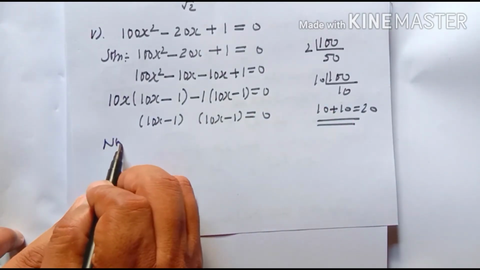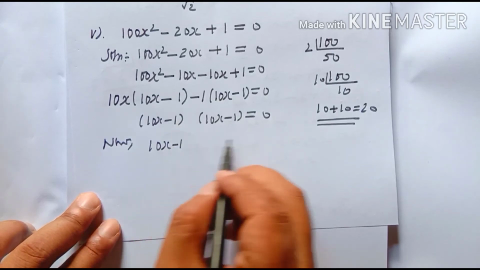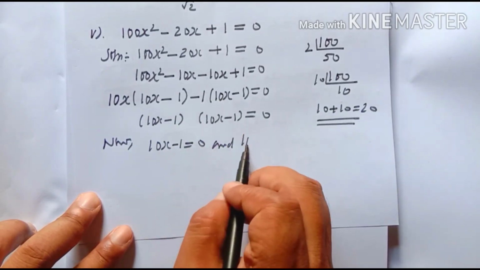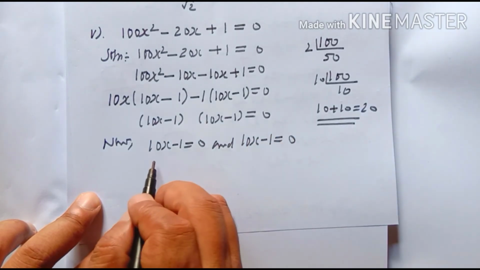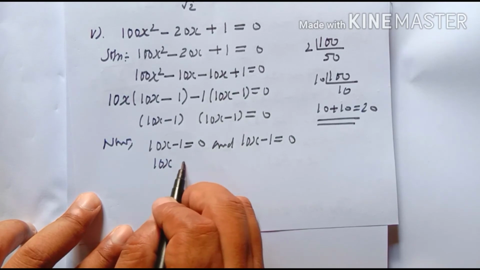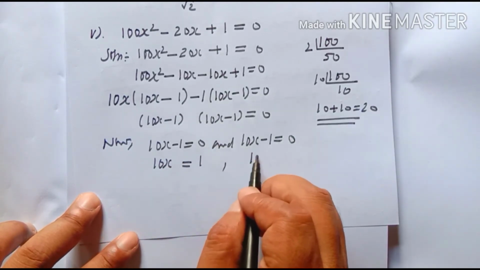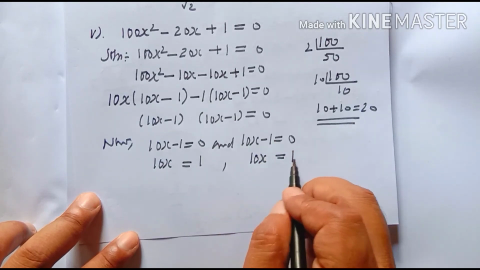Now 10x minus 1 equate with 0, and the second factor 10x minus 1 equate with 0. Therefore 10x equals minus 1 changed to plus 1. Again here 10x equals minus 1 changed to plus 1.